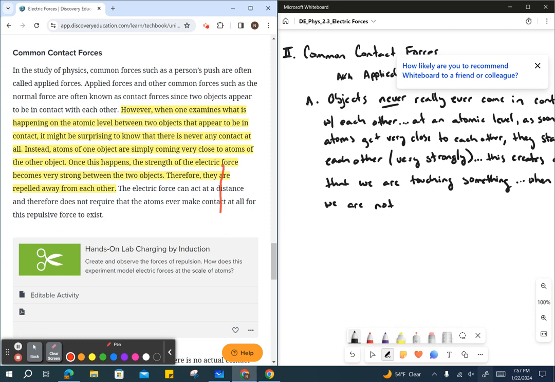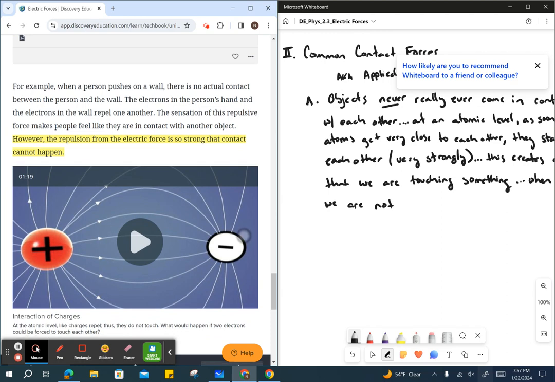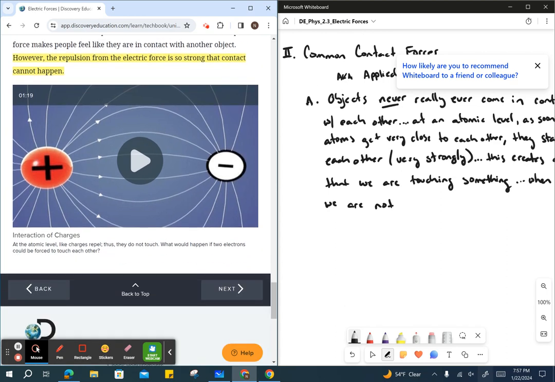So some pretty interesting stuff there, right? And then in the next paragraph, they give a few more examples and finish off by saying, however, the repulsion from the electric force is so strong that contact cannot happen. Okay. So what I'm going to suggest for you here is watch some of these videos.